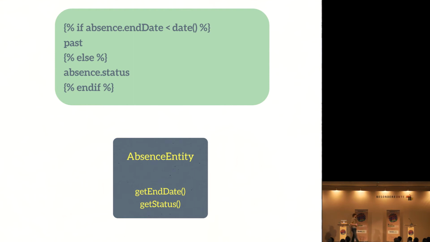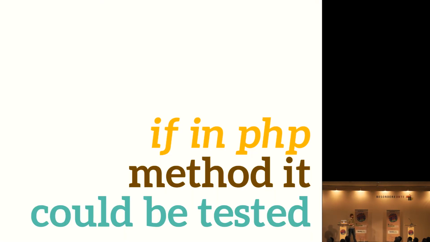So this is only a really small bit of logic, but if we keep it in templates it's difficult to test, whereas if it's in a PHP method, it could be tested. And it's pretty simple, so you might think, why worry about testing this? But I know personally I can still manage to make a mess of things like this, so I like to make sure it's tested, because I can, I don't know, put greater than when I meant less than quite easily.